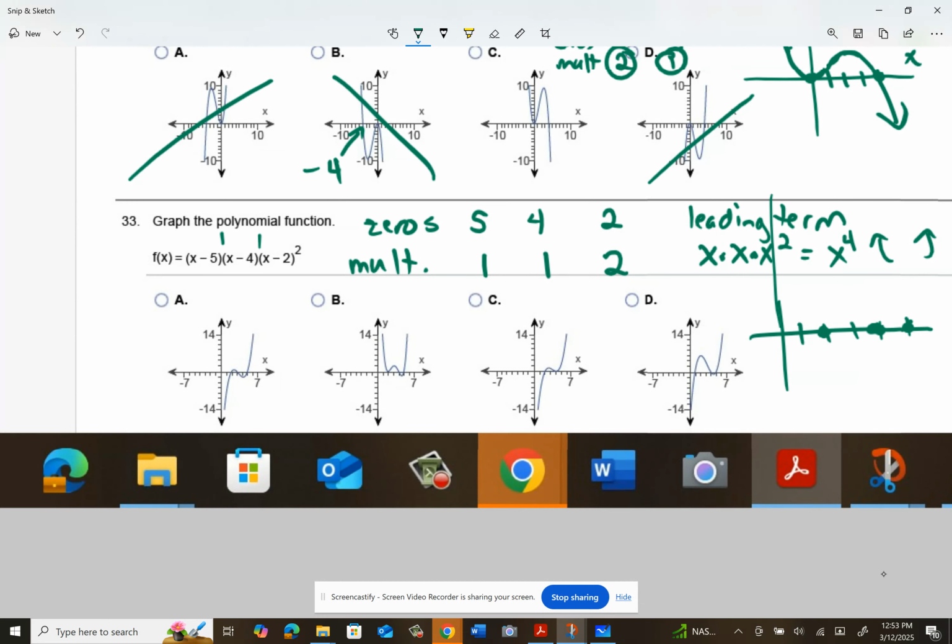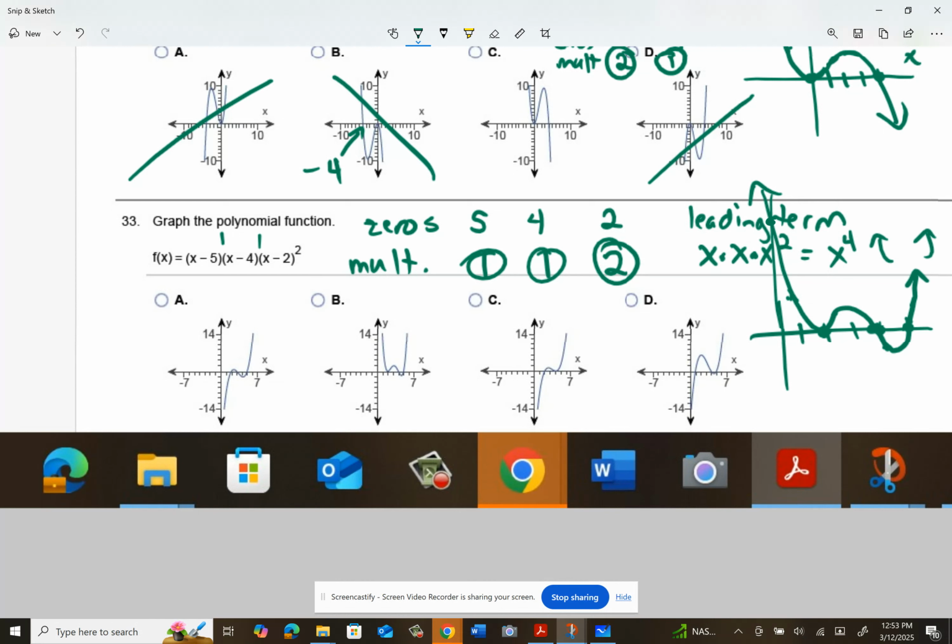And then I'm going to wind up having to get to the 2. When I do, it's got to bounce because it has multiplicity 2. Then it would have to turn because it has to hit 4. And 4 has multiplicity 1, so it has to go through smoothly. It would have to turn to hit 5. And it has to go through smoothly because it has multiplicity 1. And then I like the result because everything's consistent.